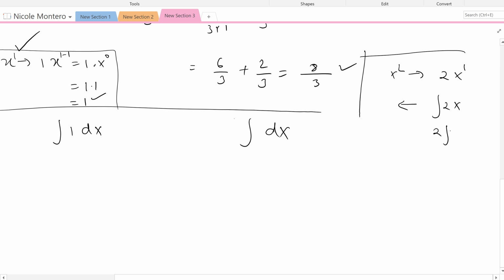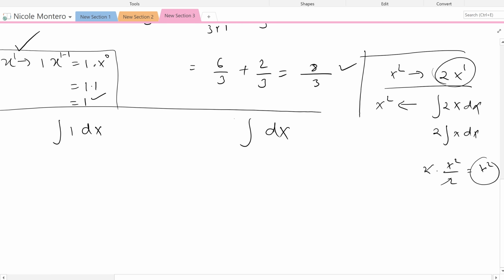We write the 2 outside, and x dx, then x raised to 1 plus 1, divided by 2. And this 2 cancels, so we get x squared. So the derivative is that, and its antiderivative is x squared.